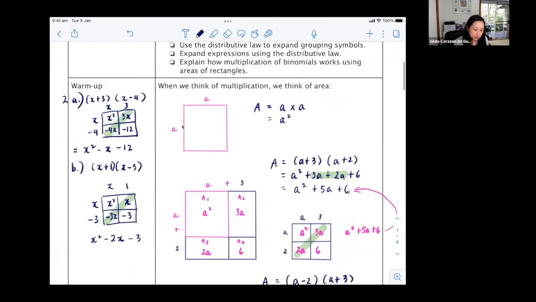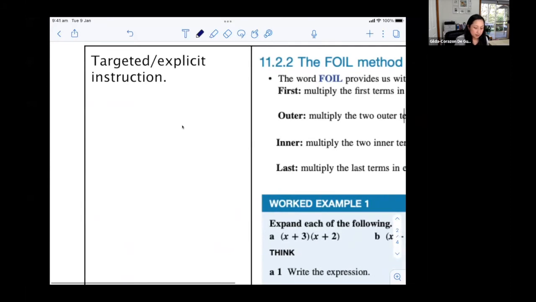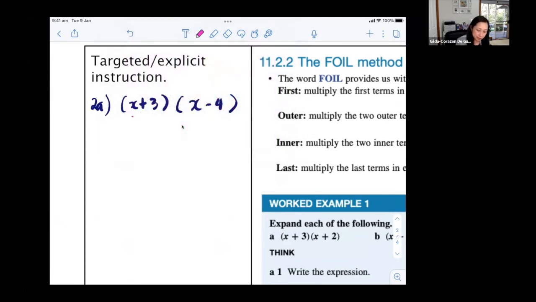If we were to do the two questions that we just did a while ago from your textbook, 2A, that is x plus 3 multiplied by x minus 4. You would have what? First terms, that's the first terms, right? And therefore you would multiply them, you get x squared.